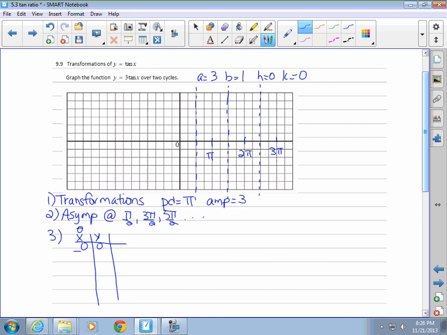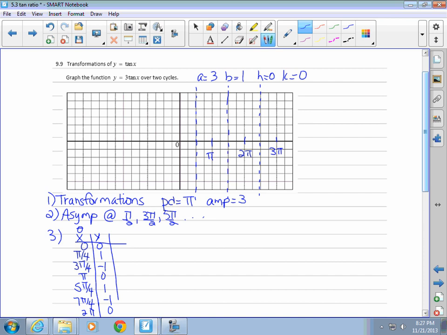When x, or my theta, was pi over 4, this equaled 1. When it was 3 pi over 4, it was negative 1. When it was pi, it was 0. 5 pi over 4, and these might not be in perfect numerical order, but that's okay. It was 1. 7 pi over 4, there's that negative 1, and then 2 pi put me back at 0.